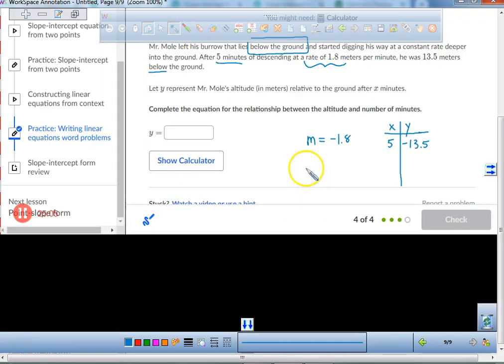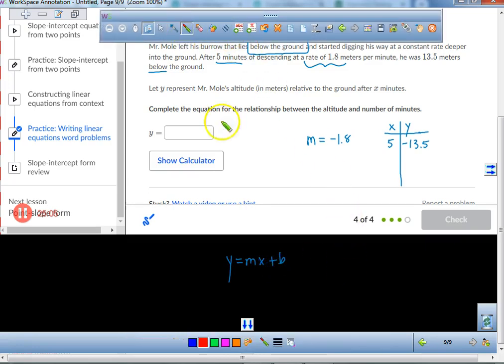All right. So right now, I'm going to put y equals mx plus b. Y equals mx plus b. Go ahead and take the negative 1.8, plug it in there. Take my x value, plug it in right there. Take my y value, plug it in right here.